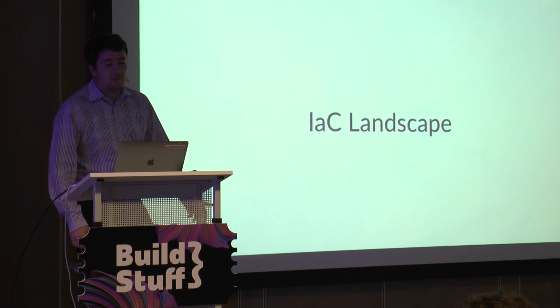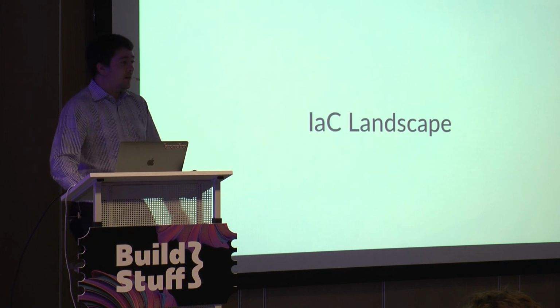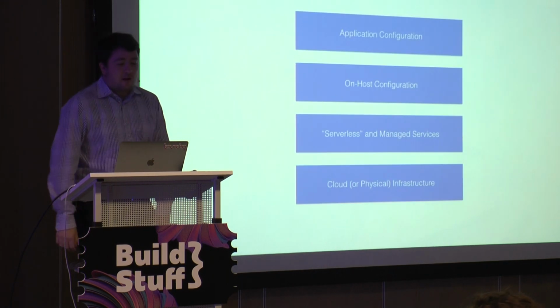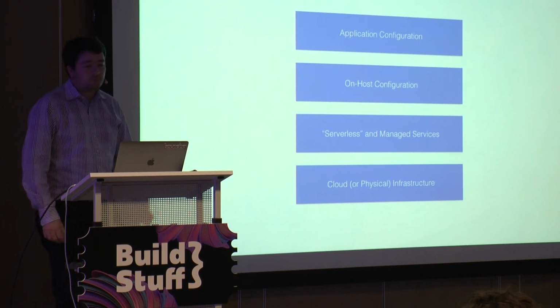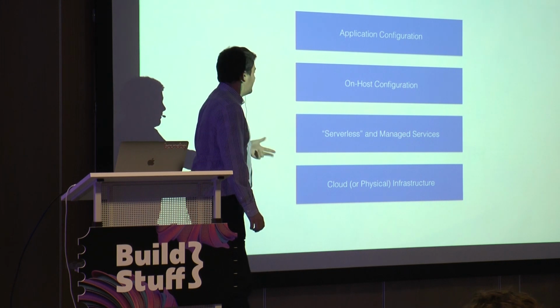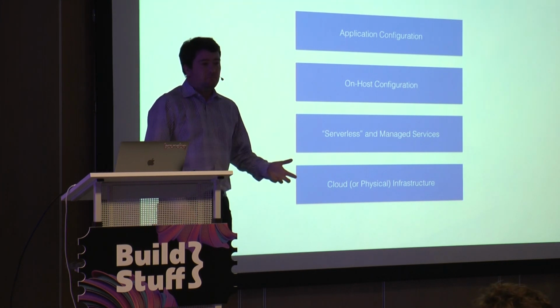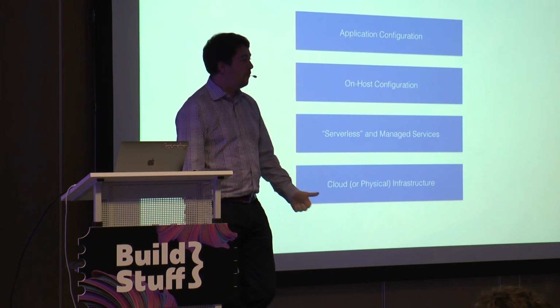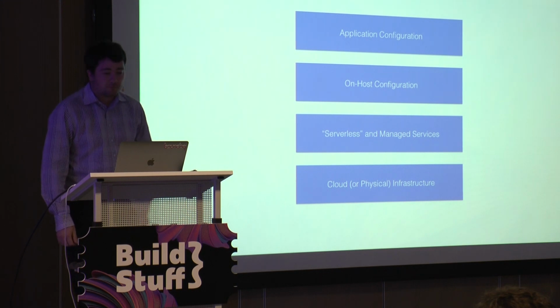So we look at the landscape a little bit, and some of the tools that are commonly found in the infrastructure as code landscape. They really fall into a couple of different categories. From low level to high level, we have things that provision cloud or physical infrastructure. So that's things like AWS VPCs, all the way down to physical switch configurations or router configs.